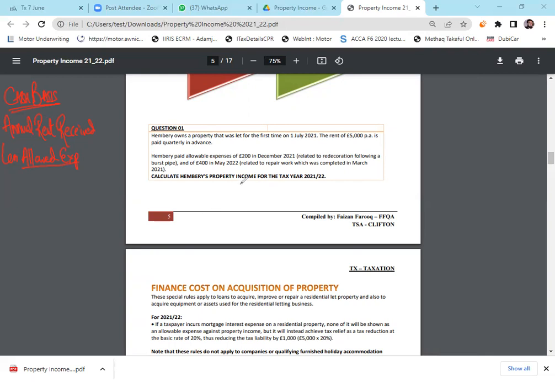Now, during the tax year, they let out the property. 6th April 21 to 5th April 22, this is my tax year. 1st July 21, they let it out, means money starts coming in. How much rent did they receive in advance?